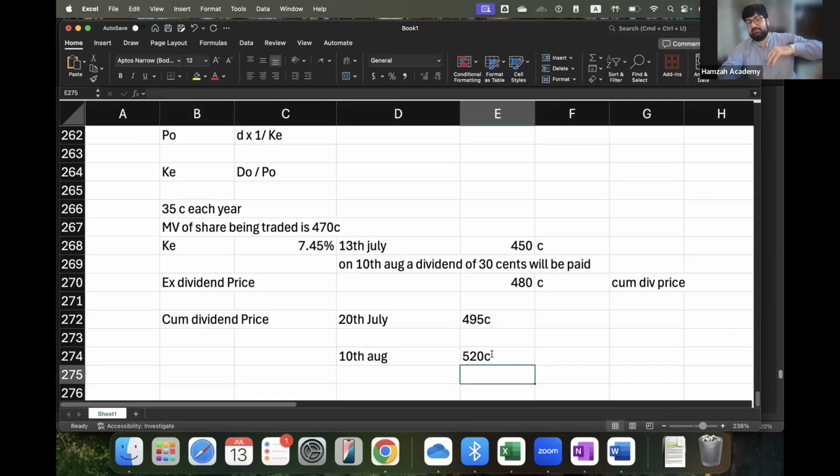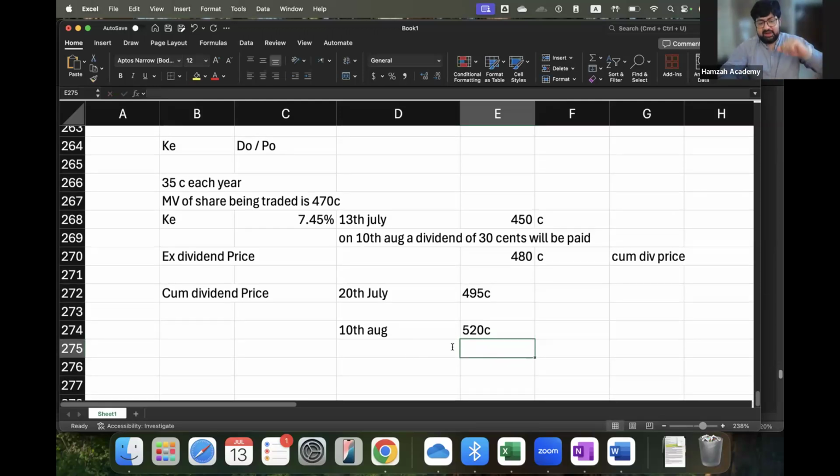On 10th August, the dividend of 30 cents is paid, and in the evening, as soon as it is paid, the share price comes to 490 cents. Again, it is the ex-dividend price.